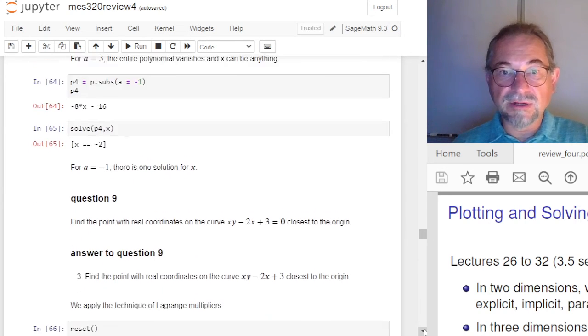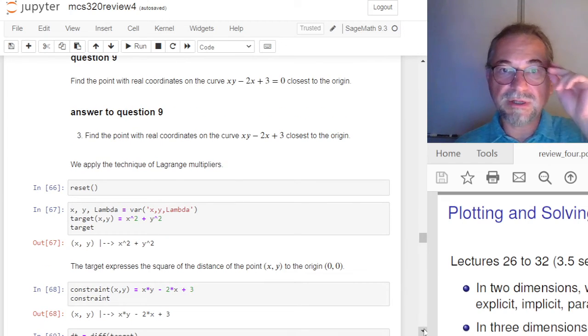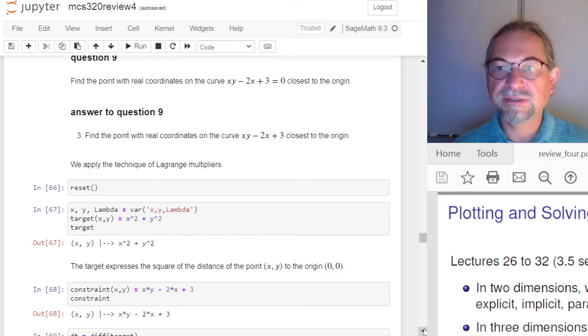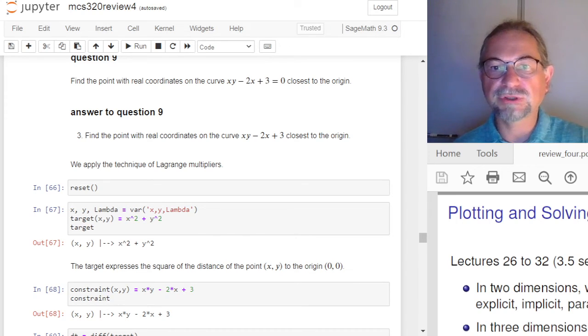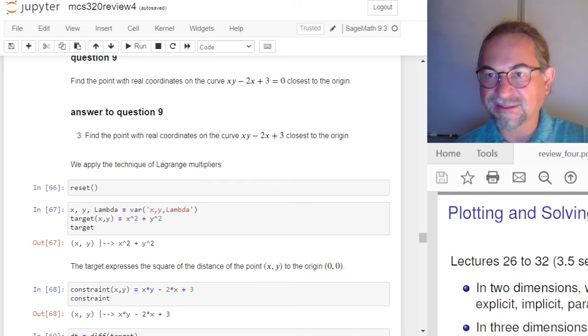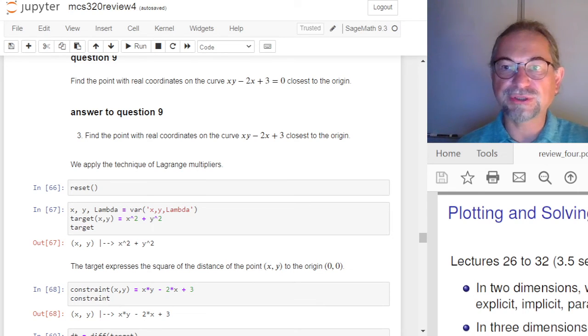Okay, so let's now go to another calculus problem. So here is finding the point that is closest to the origin. So the constraint is actually the curve, and the target function is implicit. So the target function is given by x squared plus y squared, and that's an expression that we have seen a lot with the circle.